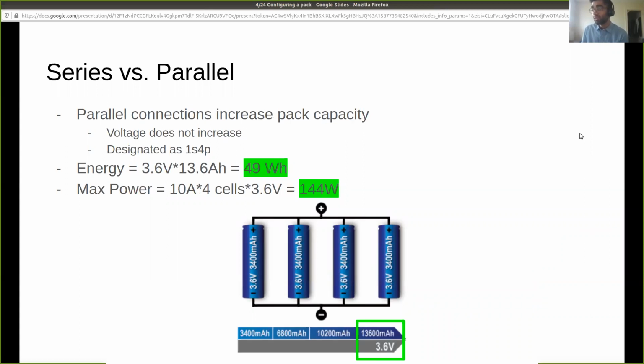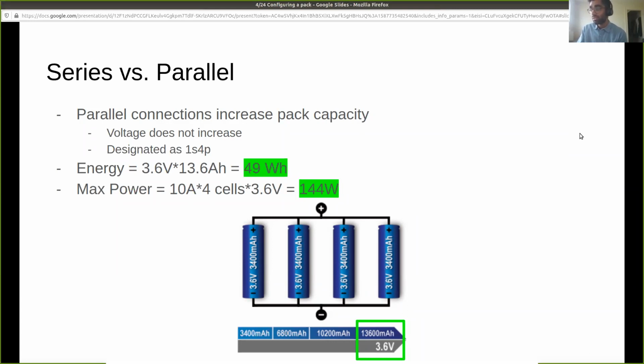If we attach them in parallel, so there's still just 4 cells, as you connect them in parallel, you increase their capacity, but you don't increase their voltage. We designate this 1S4P, or one set of series cells and 4 sets of parallel cells.